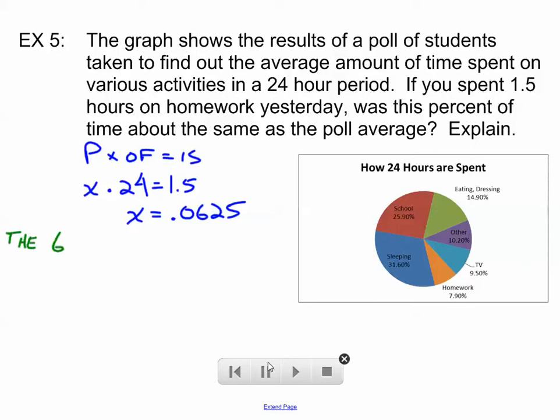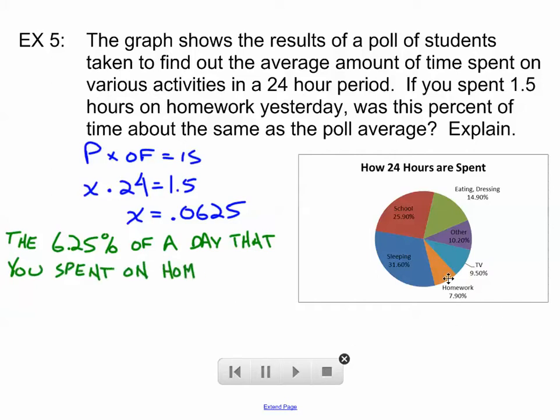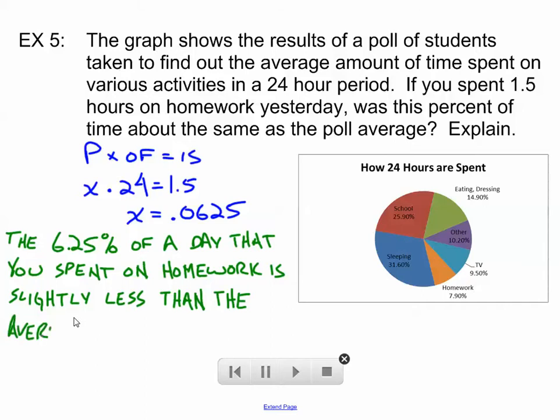So that comes out to 6.25% of your day being spent on homework, which is slightly less than what this poll is showing is being spent on homework. Pretty close. So we're just going to say that 6.25% of a day that you spend on homework is slightly less than the average of 7.9%. It's really pretty close.